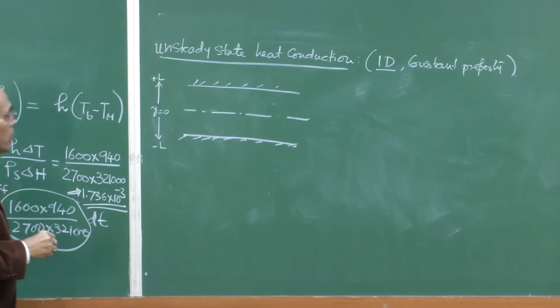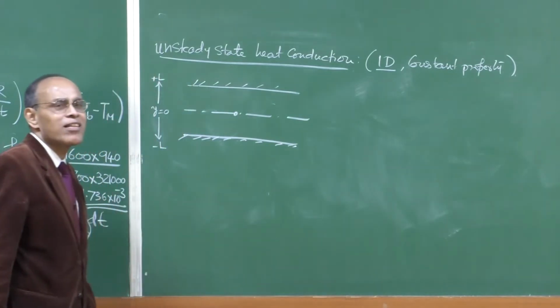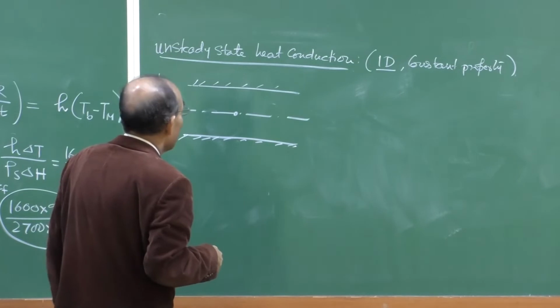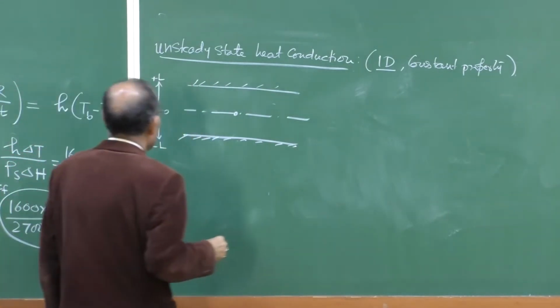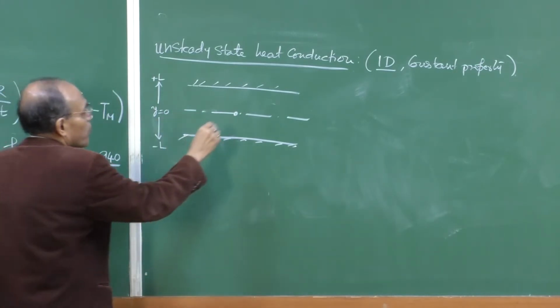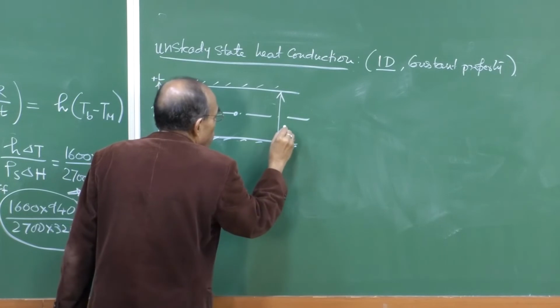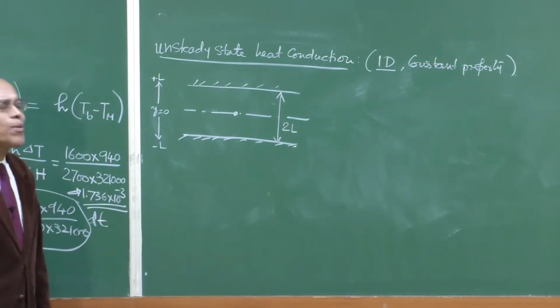And initially, I put the slab in steel because the properties of steel are known to us; we remember them offhand. So, let us say that this is a slab of thickness 2L having an initially uniform temperature field.